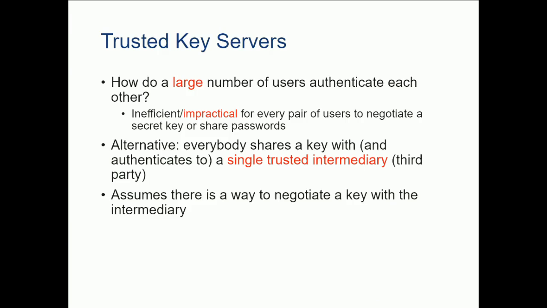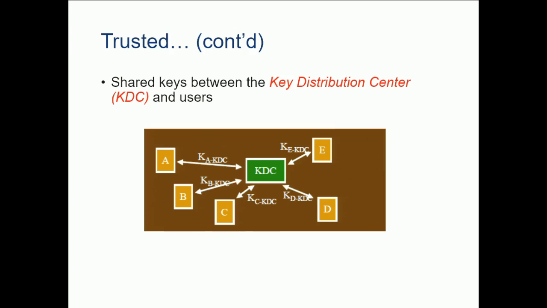Here we assume that every user is able to authenticate to one third-party server. After that, we can design protocols to allow any two users to authenticate each other. I think I've discussed this idea before spring break.